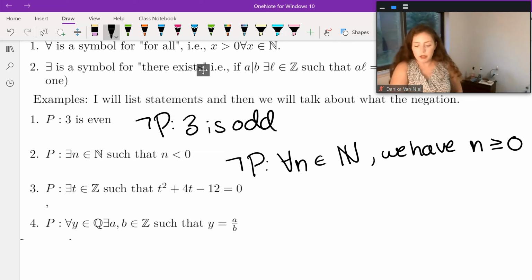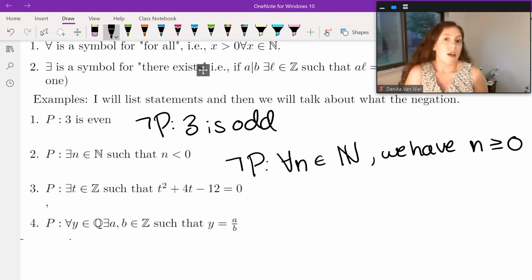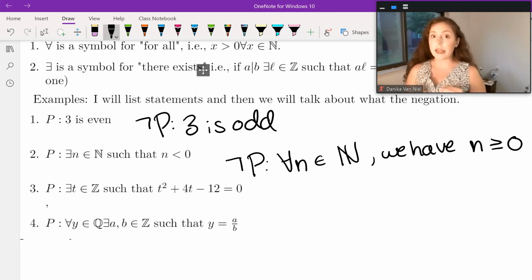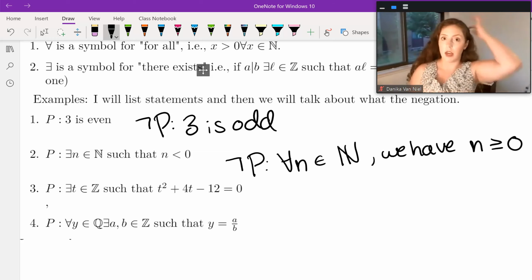So notice I switched between the two symbols that we just learned about. Instead of there exists an n in the naturals, I'm talking about all the naturals. And then instead of saying that n is less than 0, I'm saying that n is greater than or equal to 0. And you need the greater or equal to because that's what's opposite of less than 0, okay?